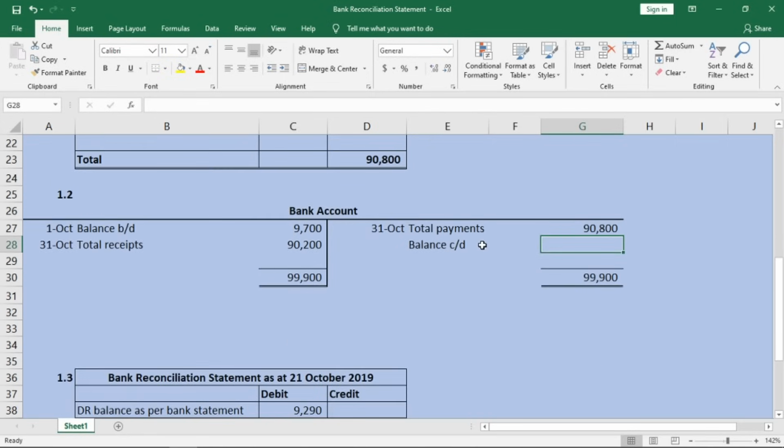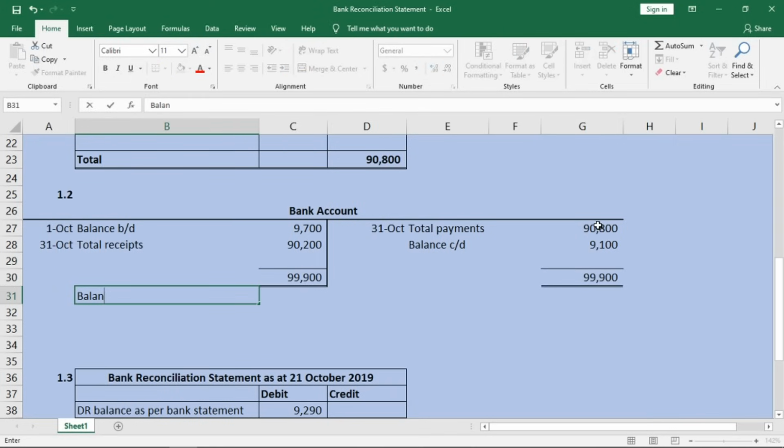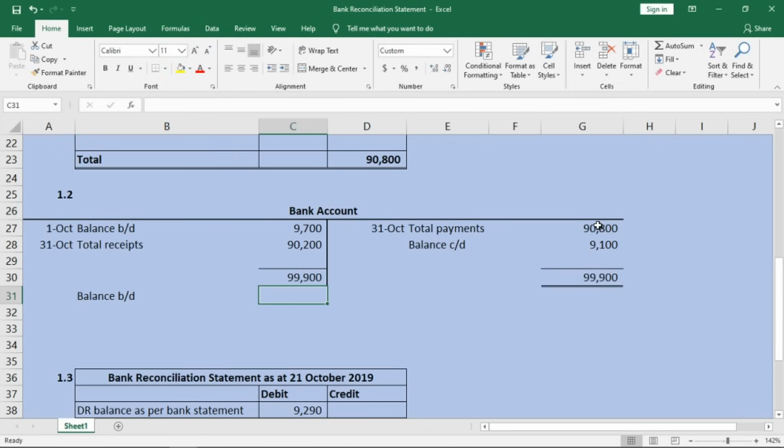And then what do we do? We take this total over here minus this one here to get the balance 9,100, and then we come to the bottom here on the left hand side and write balance brought down. Now this will be the opening balance for the following month, so put the same amount which is here on balance carried down, and there you have the balance brought down.